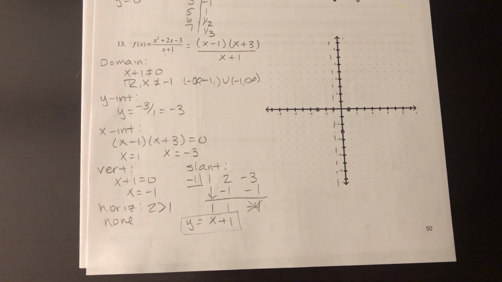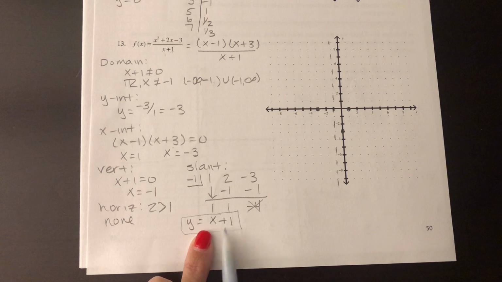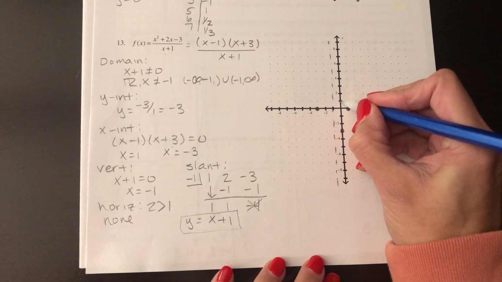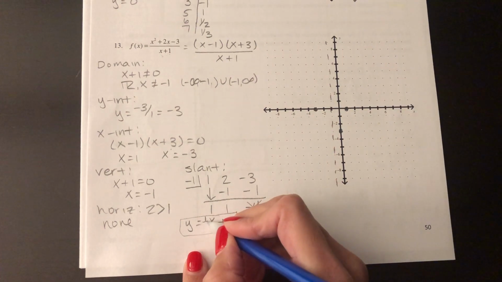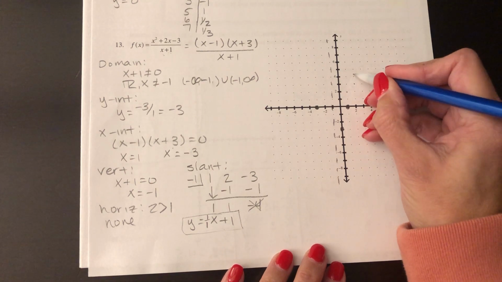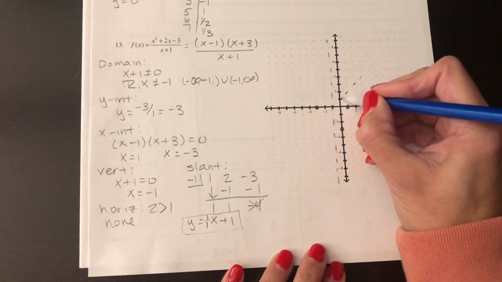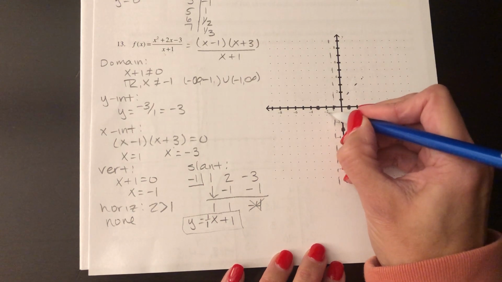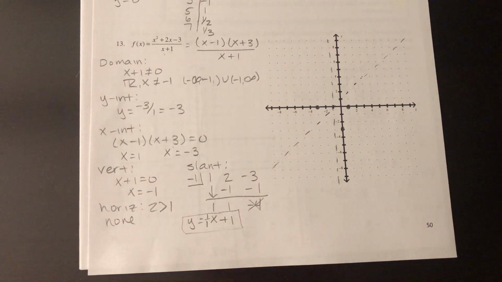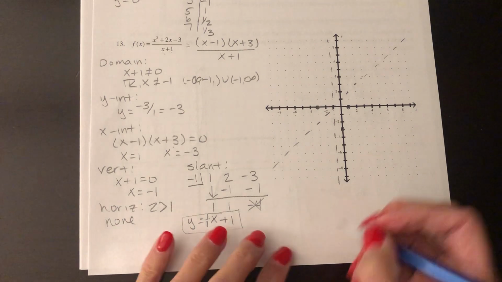Okay, so to mark that, you're going to have to graph this linear equation here. So you start at the y-intercept of 1, and then your slope is 1/1, so up 1, over 1. And there you have that slant asymptote. All right, now we're ready to make our chart.